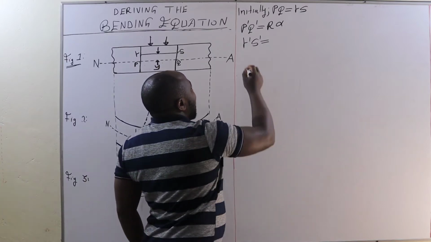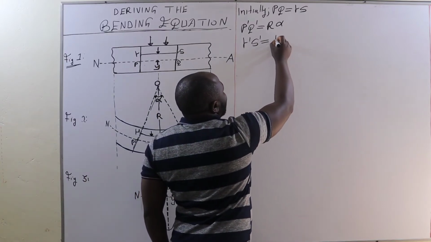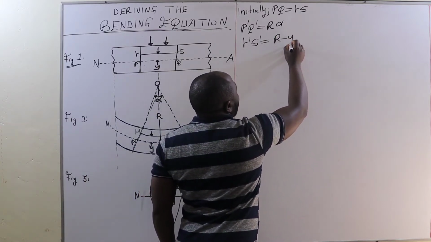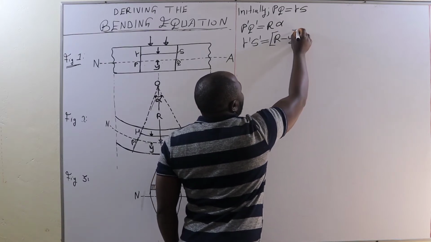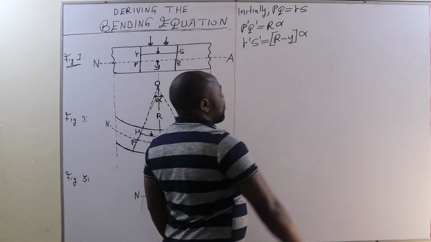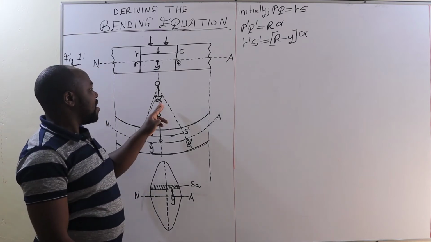Therefore R prime S prime will be given by R minus y, multiplied by the angle subtended at the center, which is alpha.